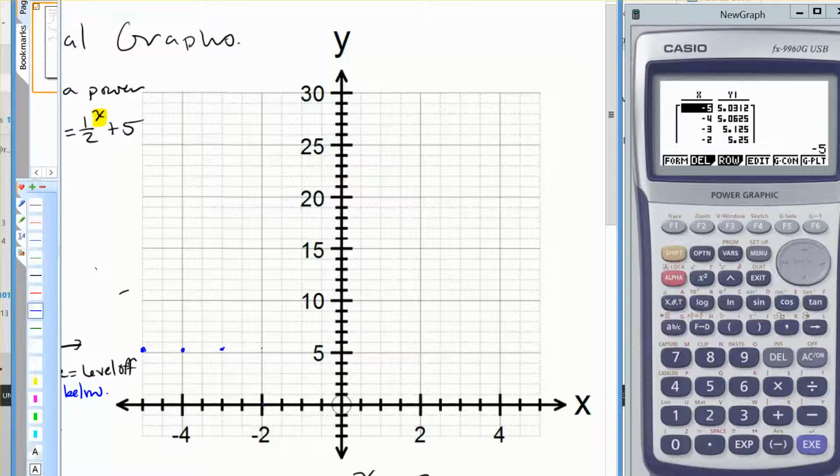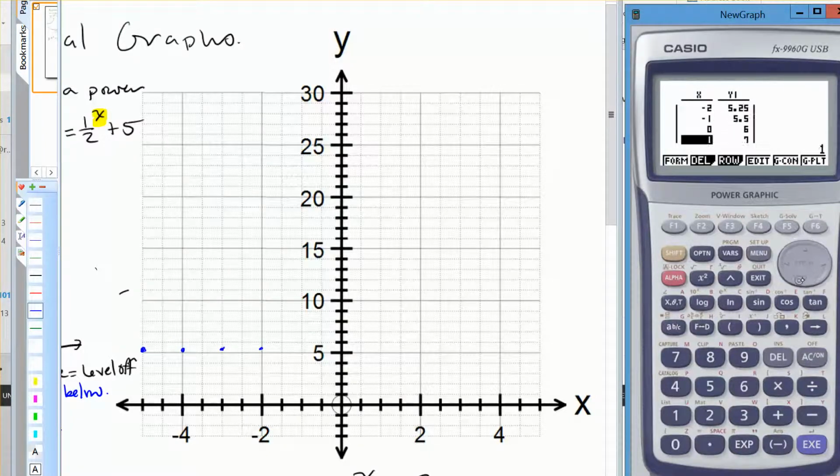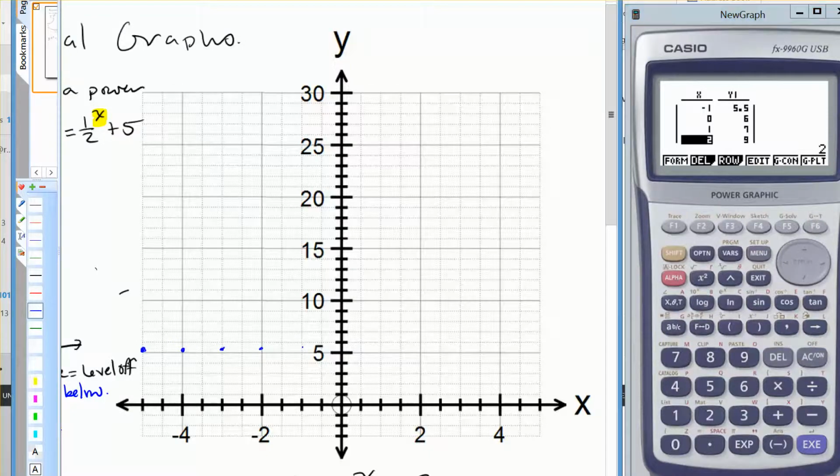Okay, so 5 1/4 at -2, and then over here I can scroll down to see a few more. So -1 is 5.5, and 0 is 6. So you can see I'm coming across rather flat, but now watch what happens on the other side. At 1, I'm going to go up to 7.